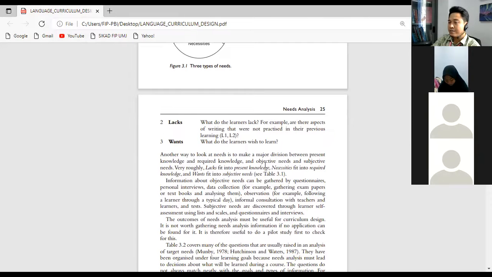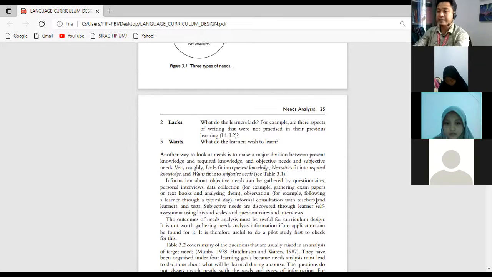These are the instruments that you can use when you try to get information about the objective needs. The instrument can be a questionnaire or personal interviews, data collection, observations.